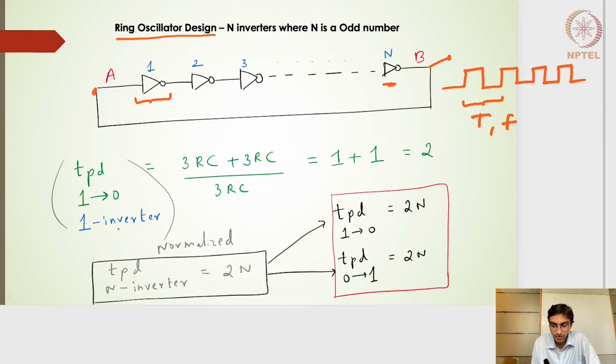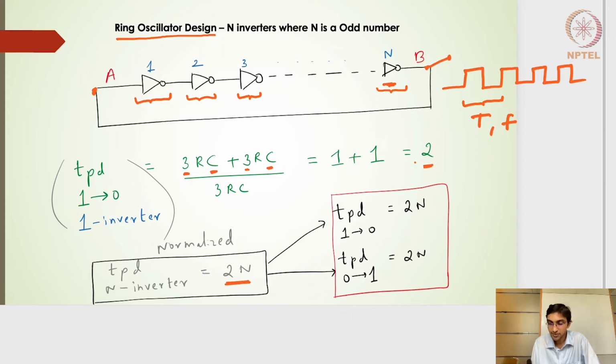From 1 to 0 for the first inverter, it will take 3RC, with 3C coming from its own parasitic capacitance, and the next 3RC, where the 3C is coming from the input capacitance of the second stage, divided by 3RC, and 1 plus 1 will be 2. So if I have n such inverters, the delay from point A, the input, to point B, the output, will be nothing but 2n.